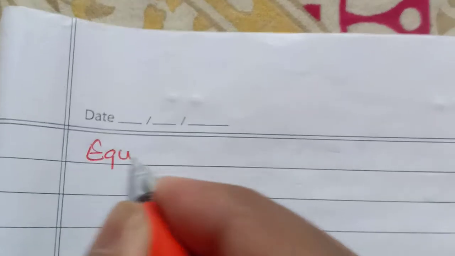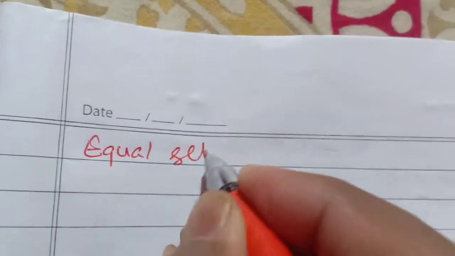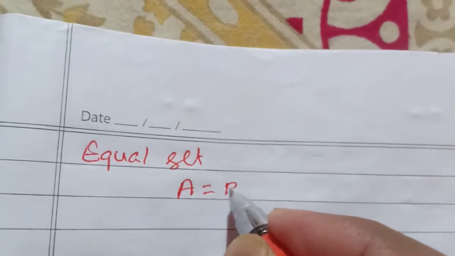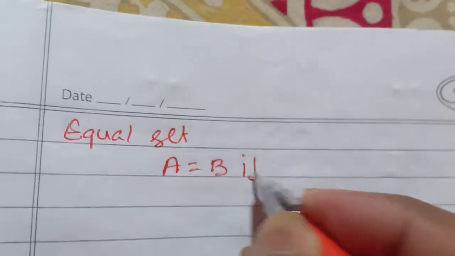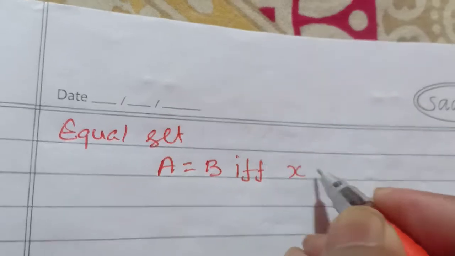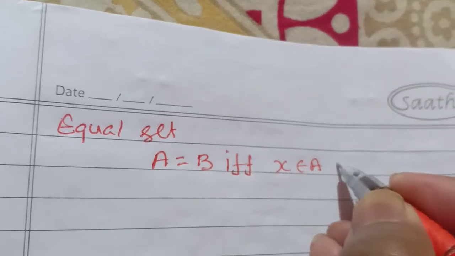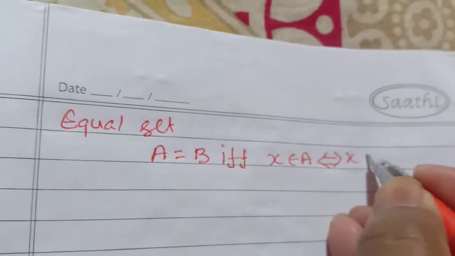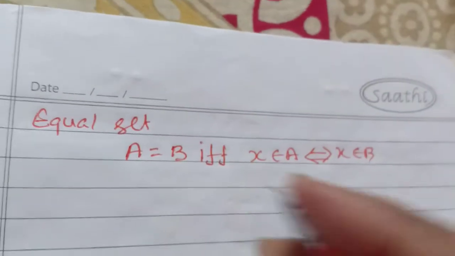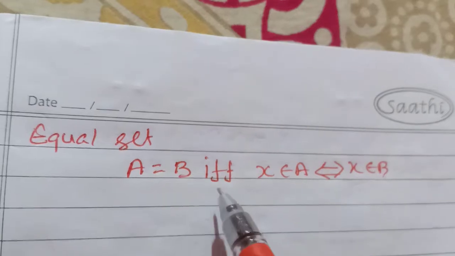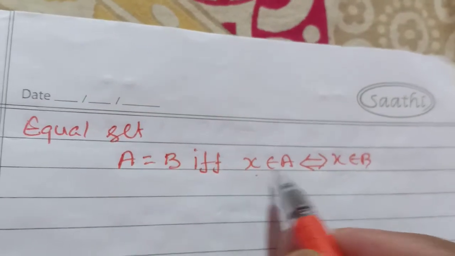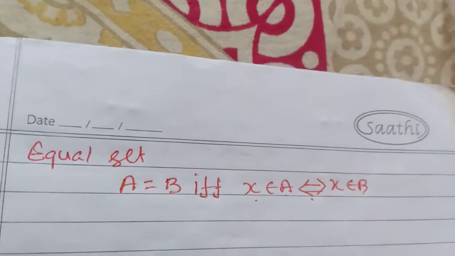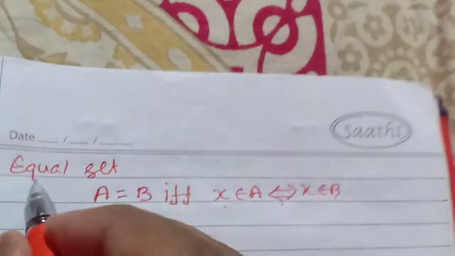Two sets A and B are equal if and only if X belongs to A implies that X belongs to B. Now the equivalent set.